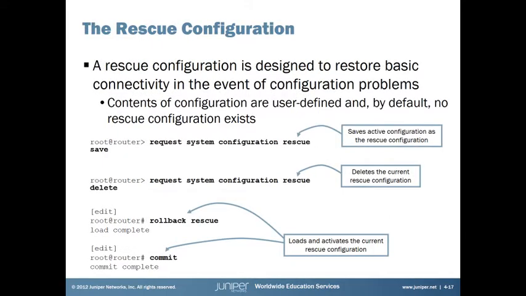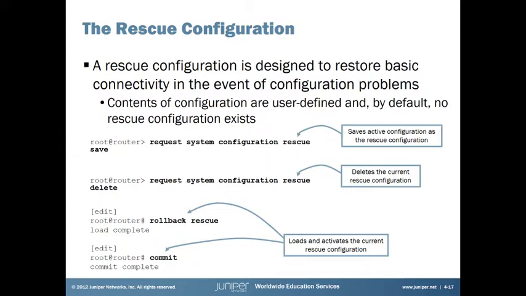So that's it there. Now, remember I was talking about the rescue configuration, the save-all if everything goes absolutely horribly wrong. This is your parachute. You create that with the request system configuration rescue save command. That's the command that creates the rescue configuration.